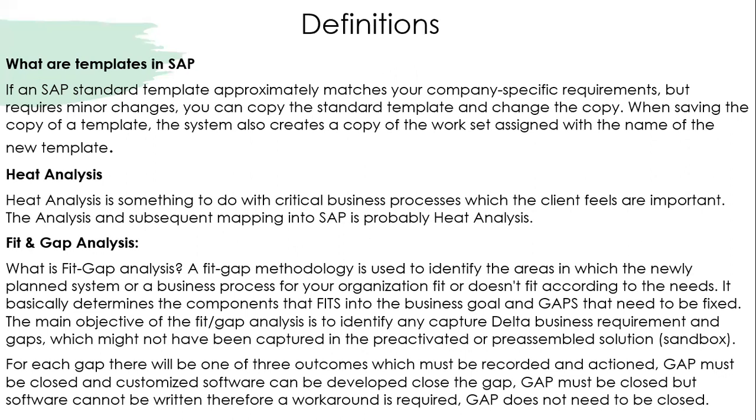For each gap, there will be one of three outcomes which must be recorded and actioned. Gap must be closed, and customized software can be developed to close gaps. Gap must be closed, but software cannot be written. Basically what it's trying to say is that it is important that the gaps be closed if it's a very key important business process.